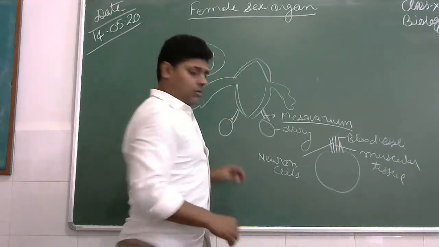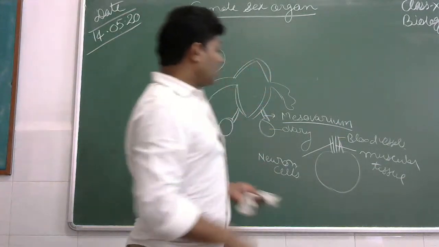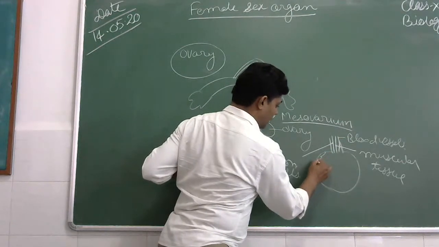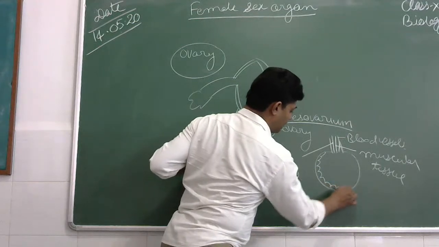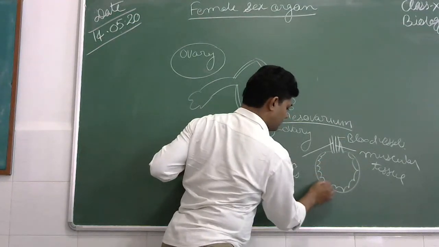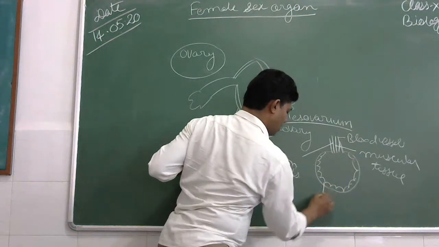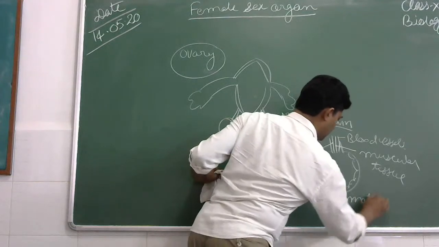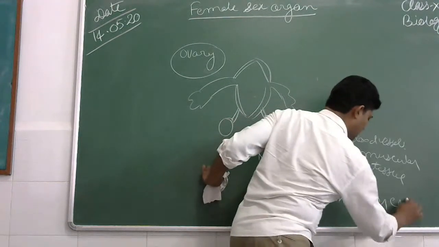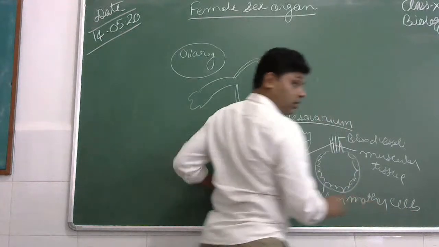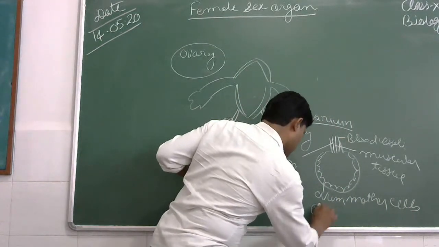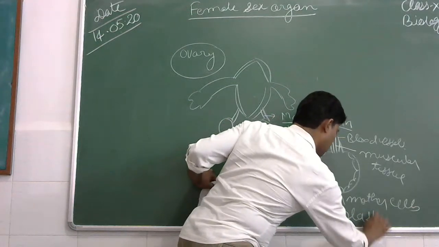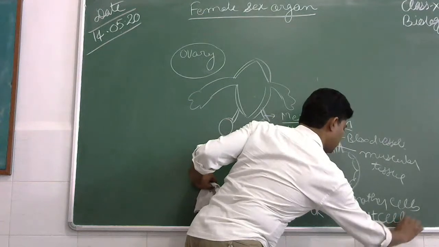Now, how does oogenesis occur? If we look at this structure, the ovary is lined by ovum mother cells, or oogonial cells.